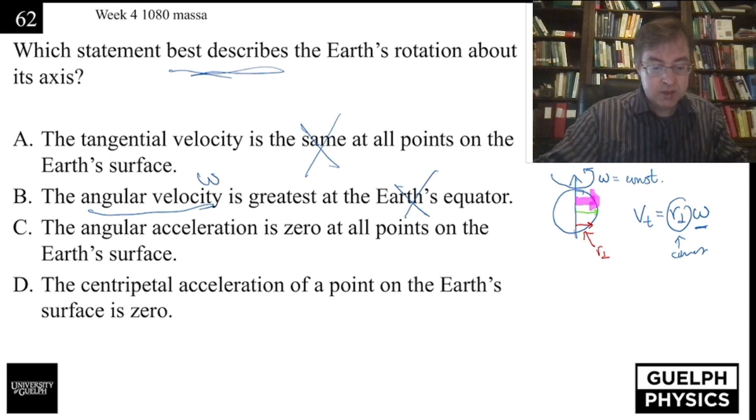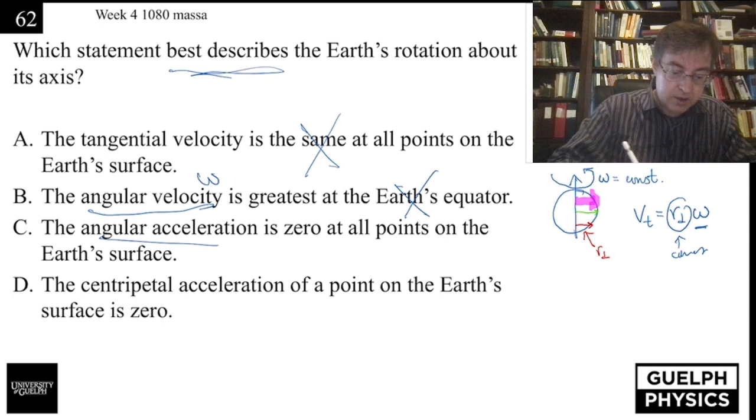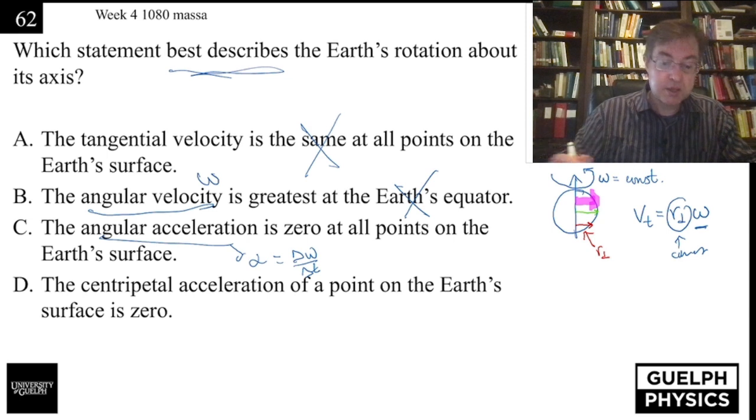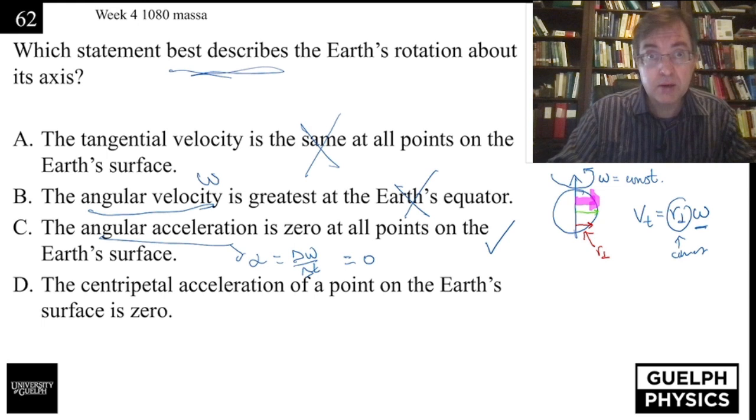Okay, C, the angular acceleration is 0 at all points on the Earth's surface. Well, the angular acceleration, again, is alpha, and alpha is d omega dt, and omega is constant. And so alpha is actually 0, and it is 0 everywhere. So this is actually correct.